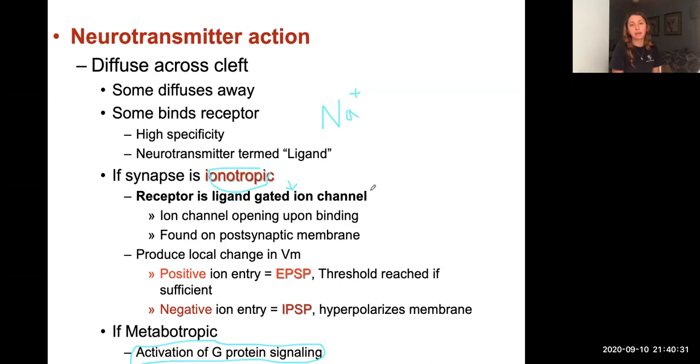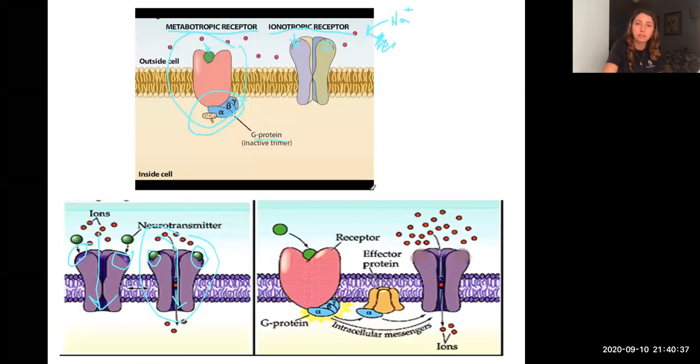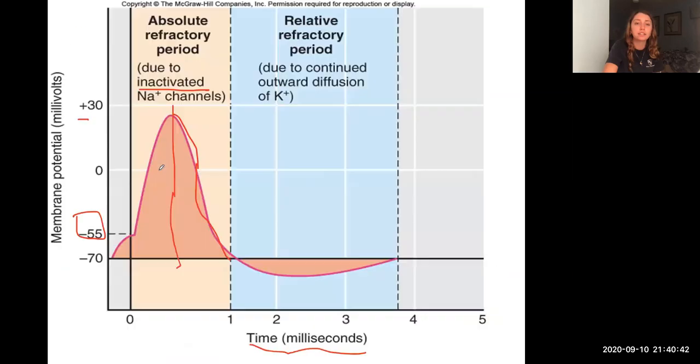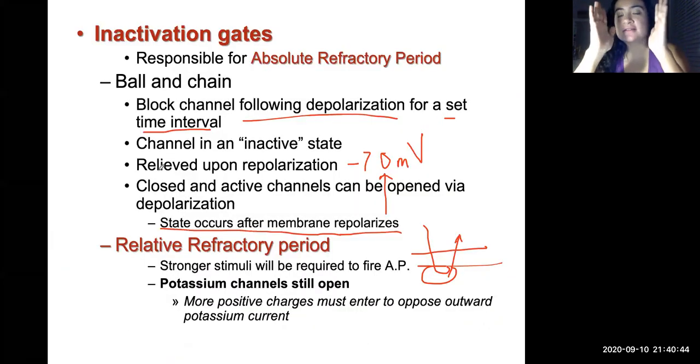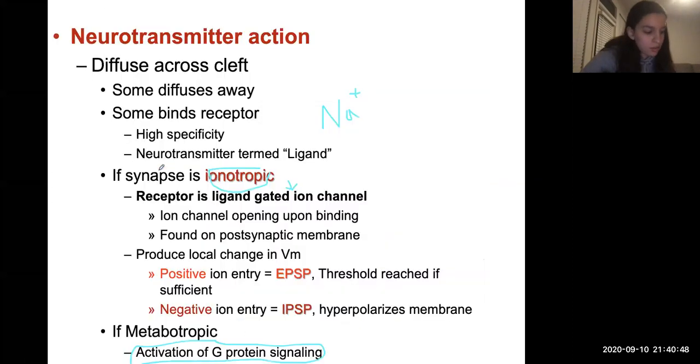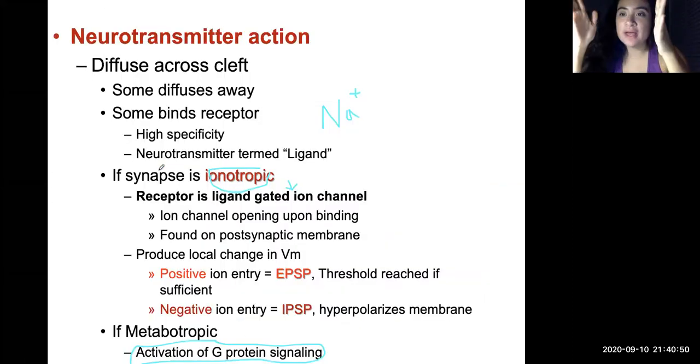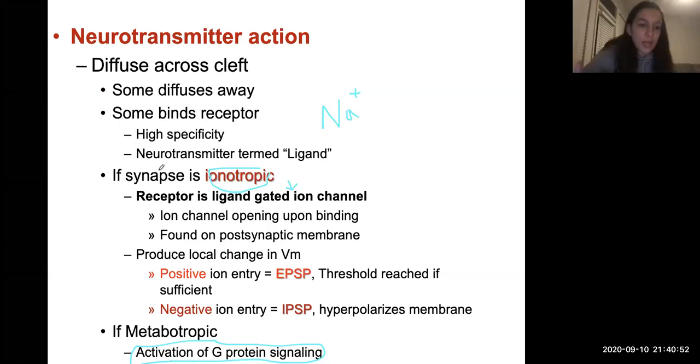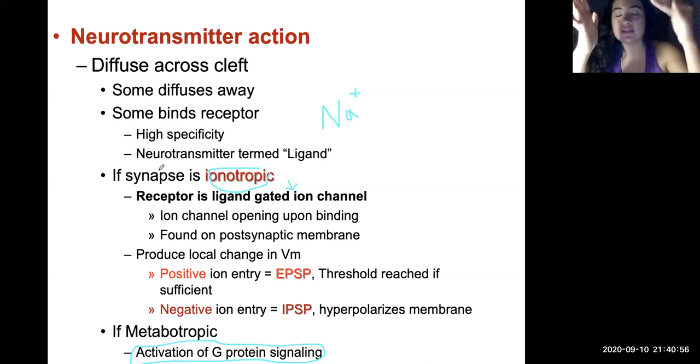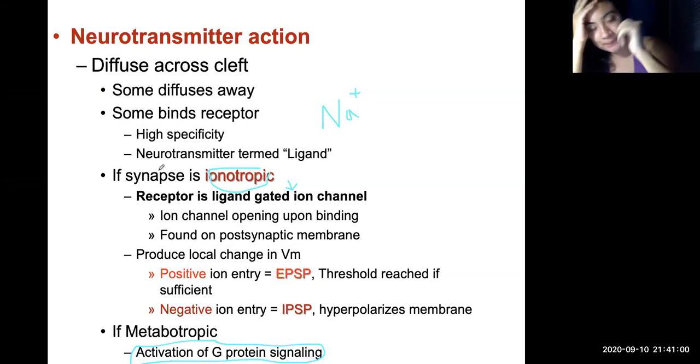I think the synapse is the space between the neurons. Yes, between the axon terminal and the dendrites, where the neurotransmitter would be diffusing. I guess so. Yeah.